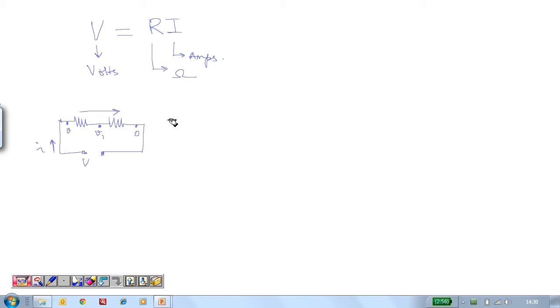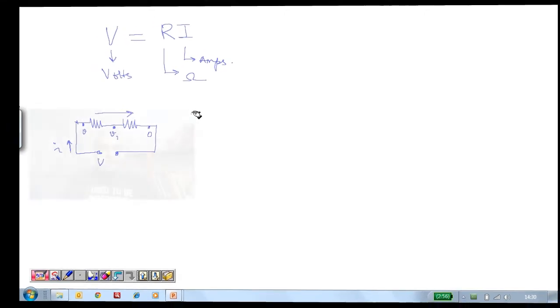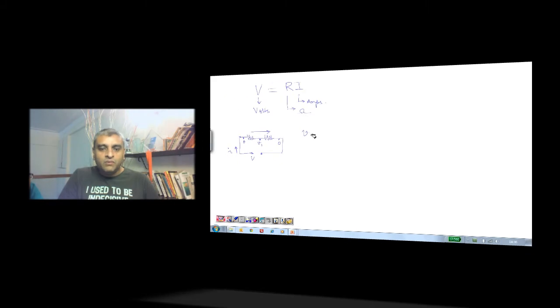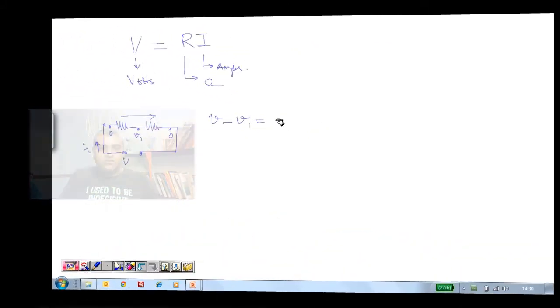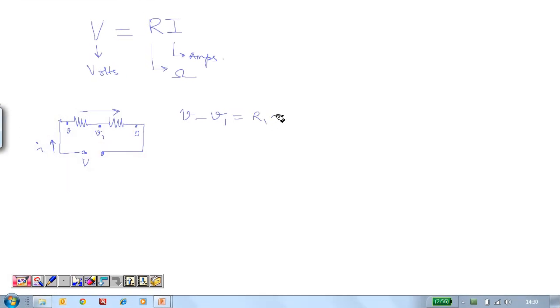So if we assume the current through the resistors is I, then we can say that V minus V1 is equal to R1 into I, where this is R1 and this is R2. Across these two points, V1 minus 0 is equal to R2 into I.